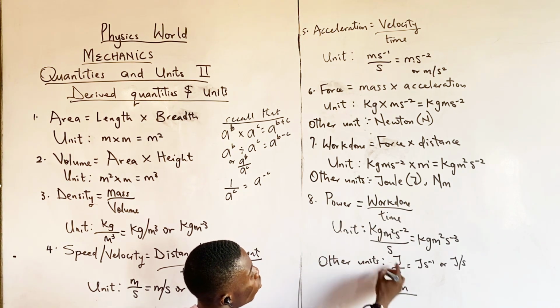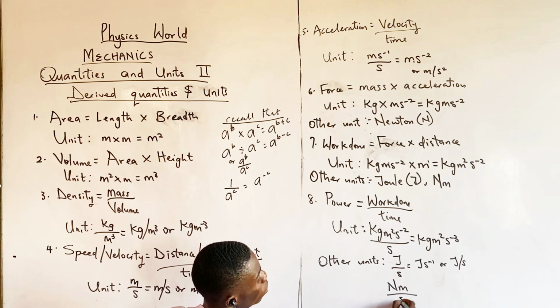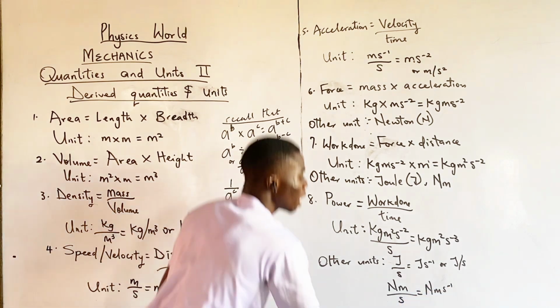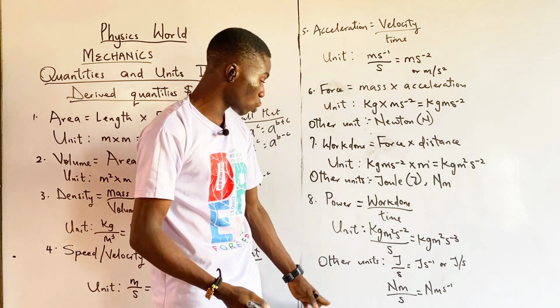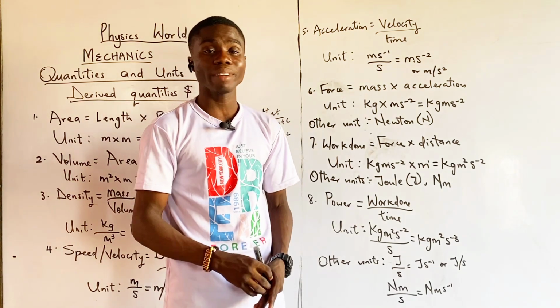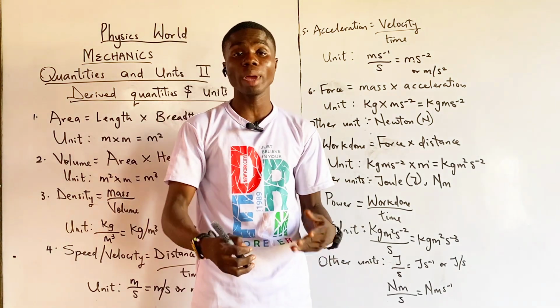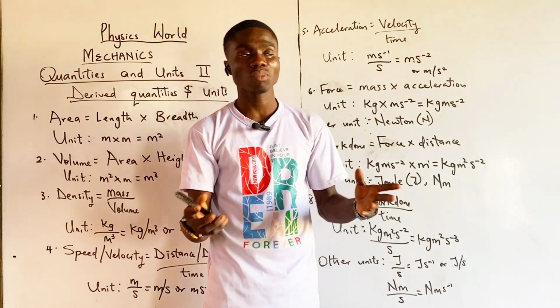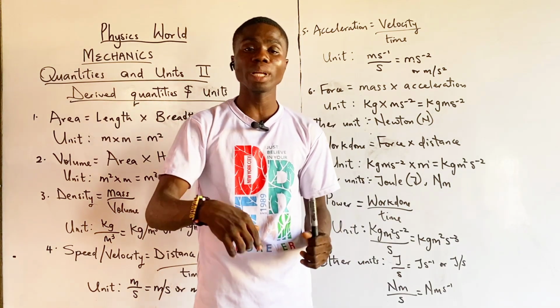That's work done over second, which becomes Nm s minus 1. So they can give you different questions under this one. There are many ways of deriving units of quantities, so I will give you many things to practice.